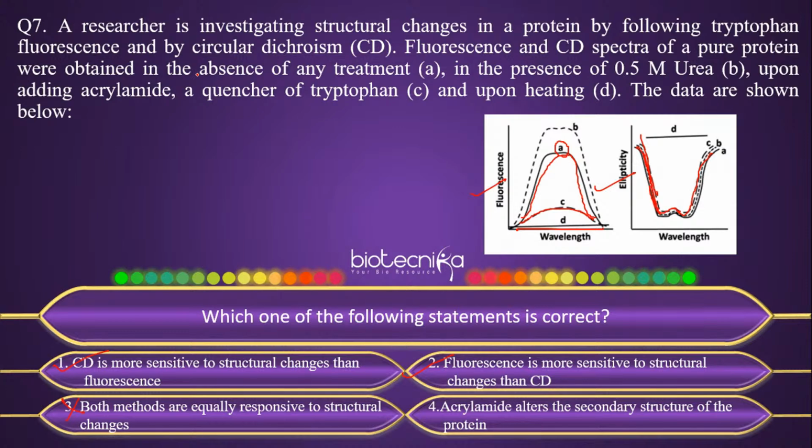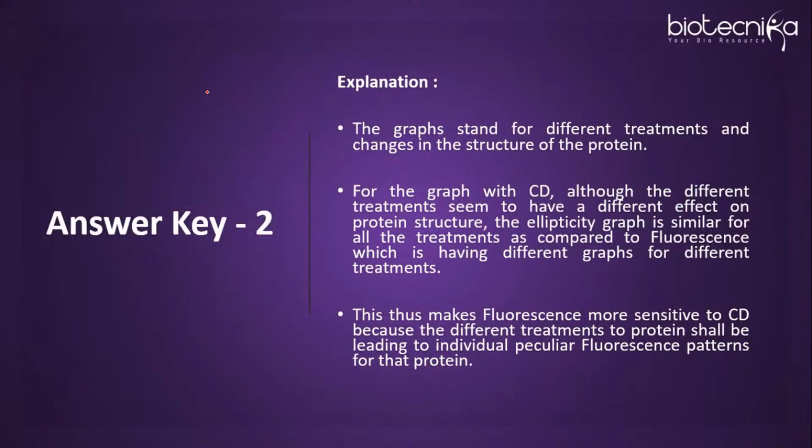But what do you think, which is the most appropriate option? Yes, it should be 2. Right? Although we have used different treatments, but remember, ellipticity graph is similar for all the treatments as compared to fluorescence, which has different graphs for different treatments. And this makes fluorescence more sensitive than CD.